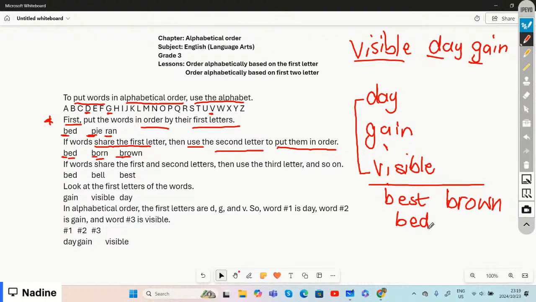We need to put these three words in alphabetical order. Keeping in mind, remember we said that if we put the words in order by first letter, we put it in alphabetical order. But if we share the first letter, then we look at the second letter.